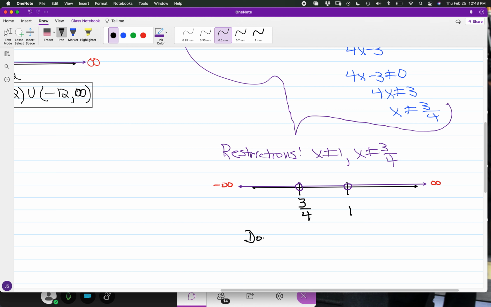So for the domain of g composed with f of x, we have those values x that are less than 3/4, followed by those values greater than 3/4 and less than 1.